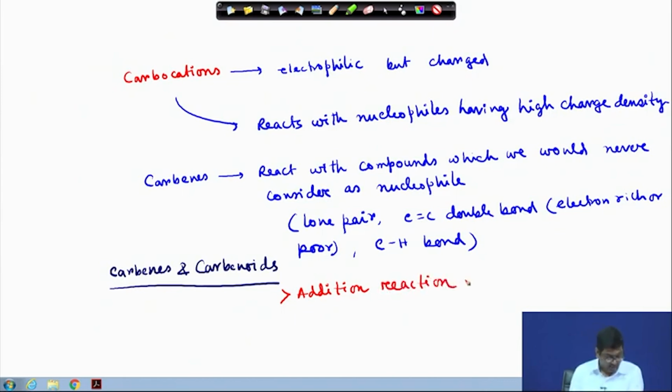Number two is insertion reactions. Number three is rearrangement reactions.